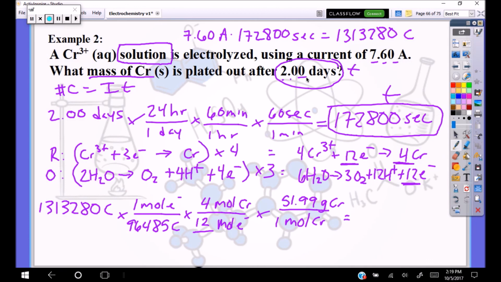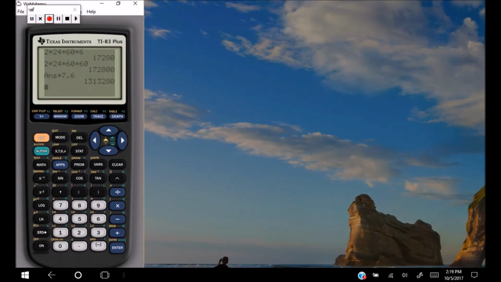So let's take that big number and multiply by 1 over Faraday's constant, 96485. That was our fraction. Then our next fraction was 4 over 12, 4 moles of chromium for every 12 moles of electrons. Then we multiply again by our molar mass, 51.99 divided by 1.